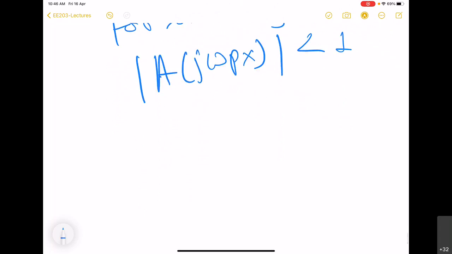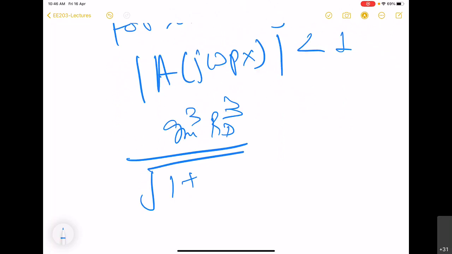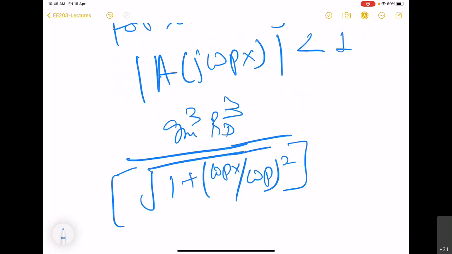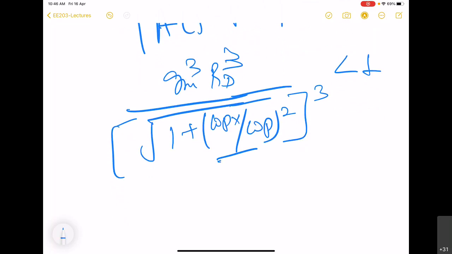So this implies gm cube rd cube divided by square root of 1 plus (omega px by omega p) squared, whole cubed, should be less than 1. And this quantity we have already found out, it is equal to square root 3.